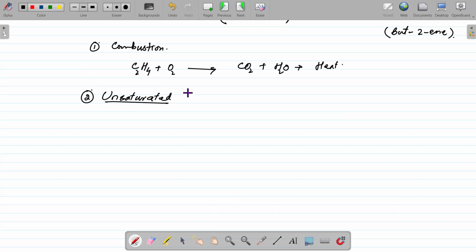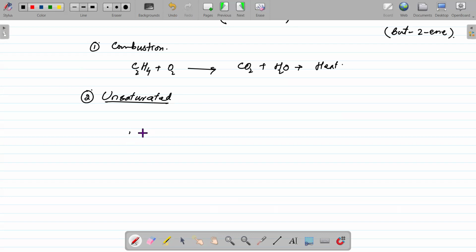What is the meaning of this unsaturated? Why we are using this? Unsaturated means that all the carbon atoms in case of alkenes, they are not completely bonded with four different atoms.